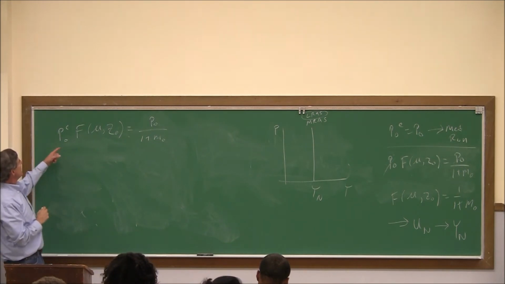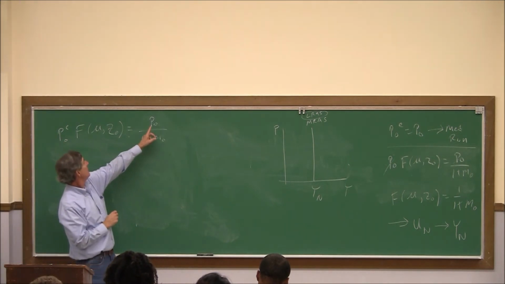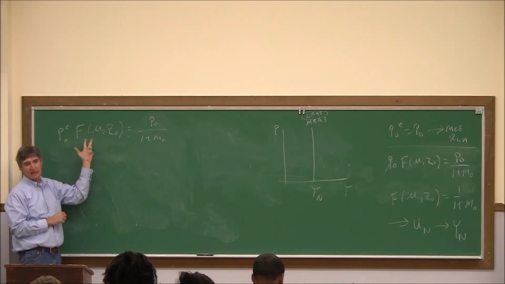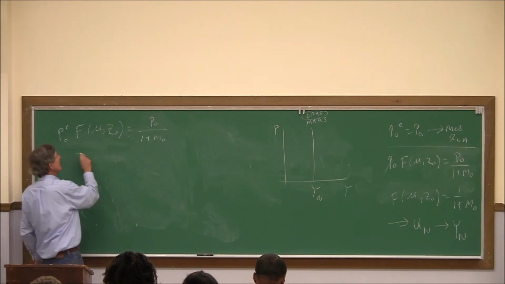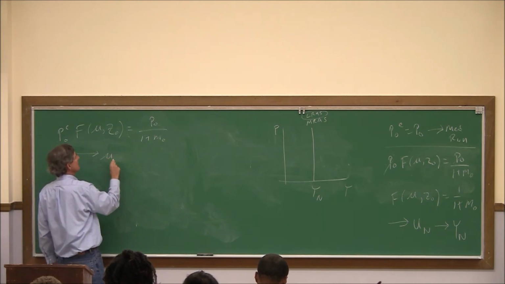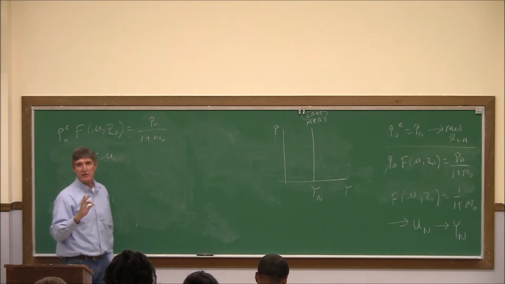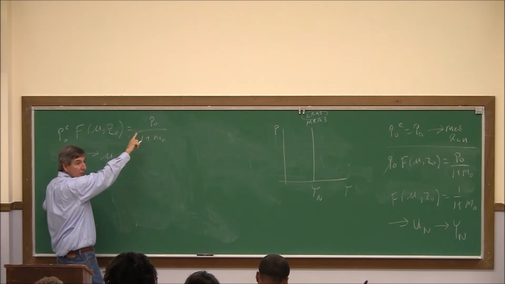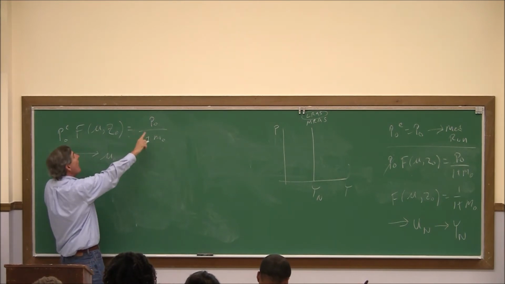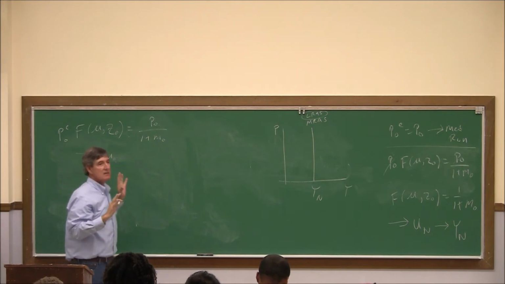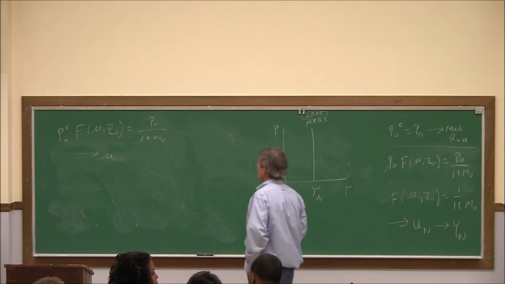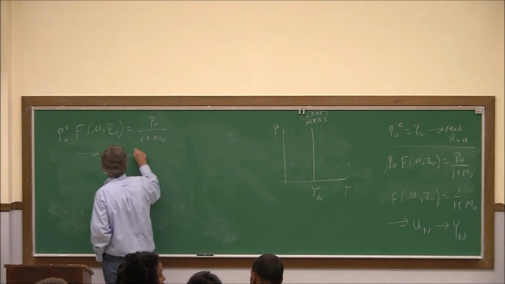So if we fix everything in here, P0, E, P0, M0, Z0, we just have one equation and one unknown again, and that's going to give us a U. So this will give us a mu0, but it's not necessarily the natural rate, because these things aren't necessarily equal. It'll be the natural rate at that one time when those are equal, but it's not necessarily the natural rate. And that'll give us a y0.